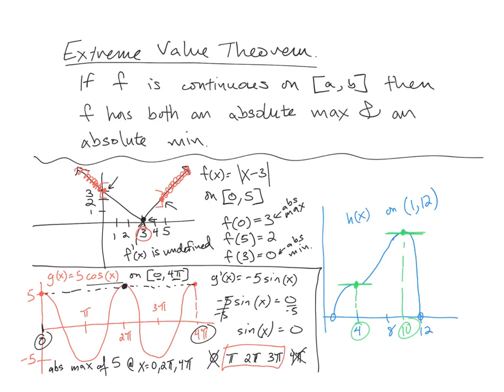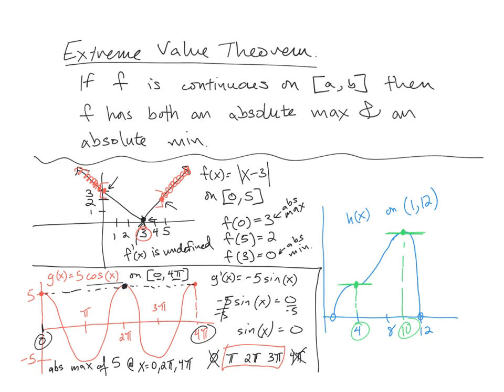But you'll notice in our definition of the extreme value theorem, if f is continuous on the closed interval, then we can say for sure it has both a maximum and a minimum. But since this is not continuous on the closed interval, it's only continuous on the open interval, we cannot say that it has both.